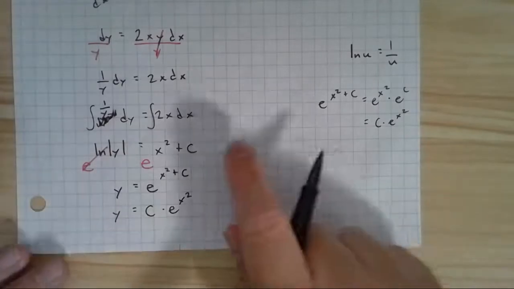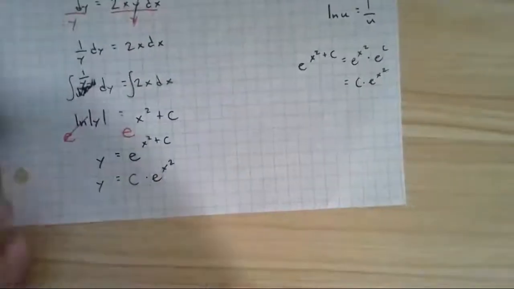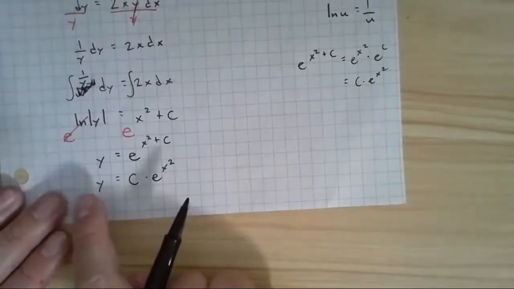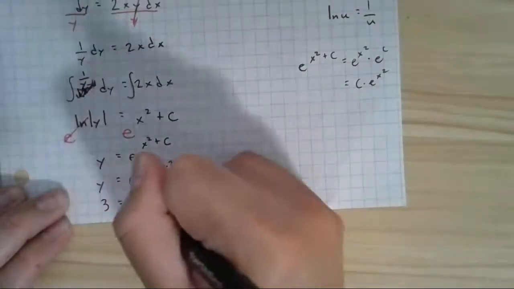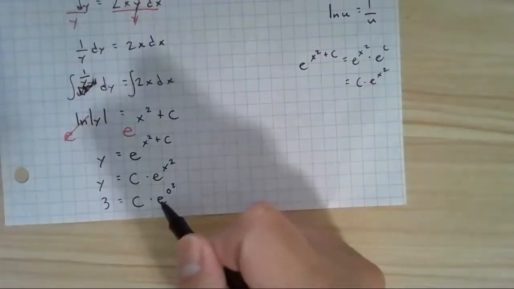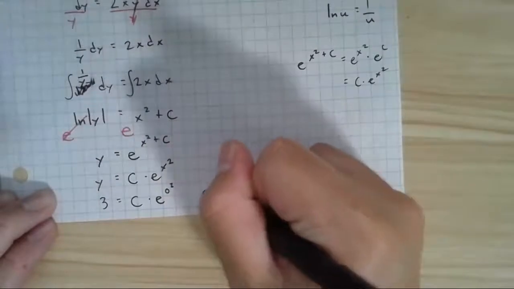And now I can use that point 0, 3 here to solve for c. If I plug in the 0, 3, I'm going to get that y is 3, c times e to the 0 squared. That'll just be e to the 0, which is 1. So then I get that c is equal to 3.